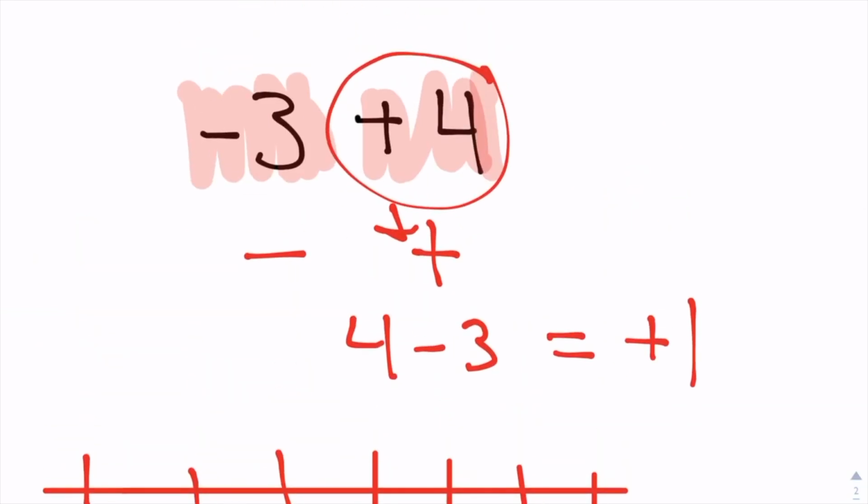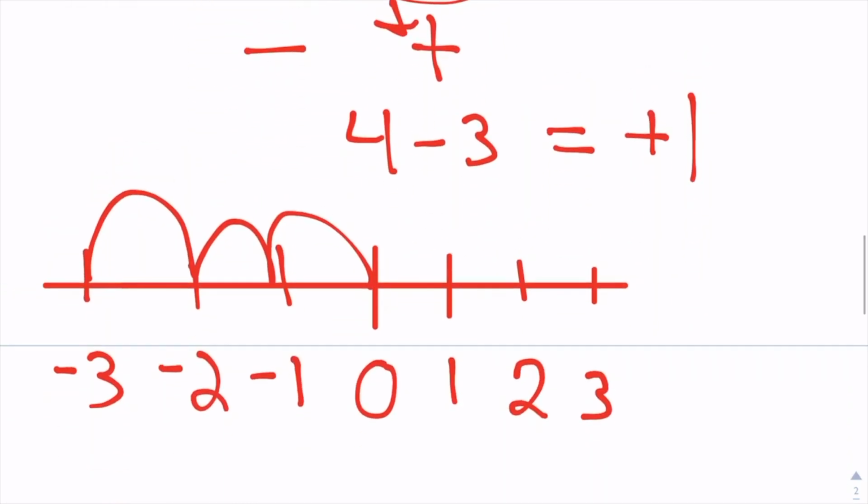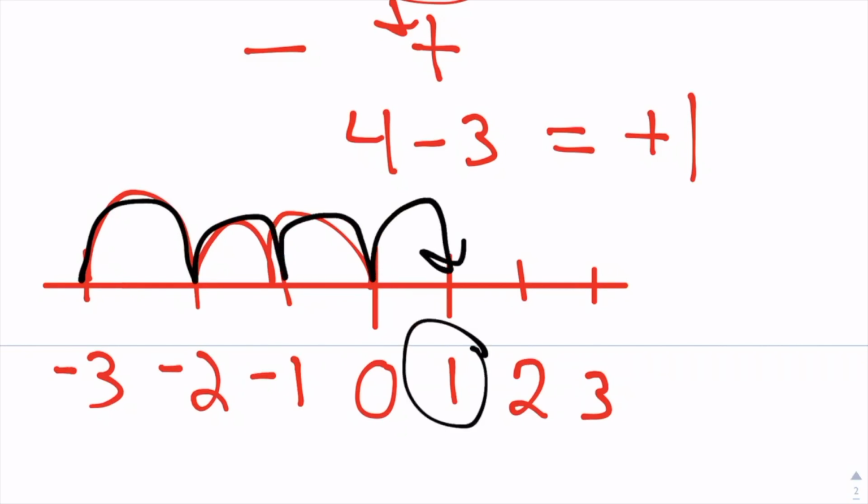Okay, so it tells me to go to negative 3 first. So 1, 2, 3. Then it tells me to go towards the positive by 4. 1, 2, 3, 4. And you can see that 1 gets us our answer.